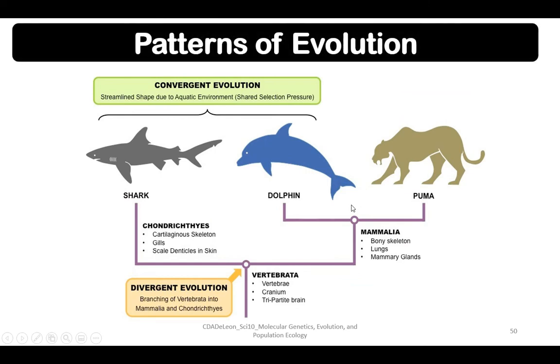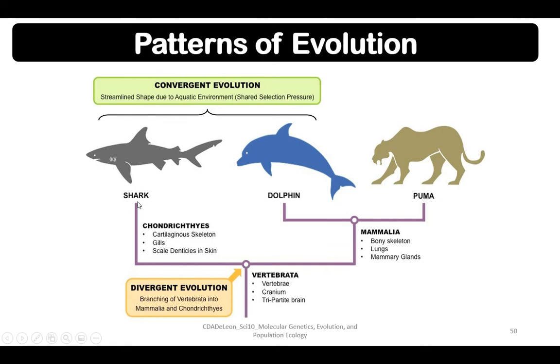So this is the summary of the patterns of evolution. We have the convergent evolution between shark and dolphin because shark is a fish, dolphin is mammal. Pero in terms of divergent evolution, ayan, branching of vertebrata into mammalia and chondrichthyes.